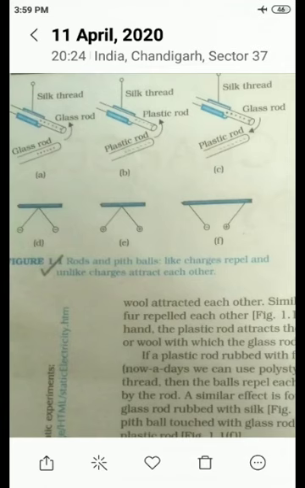By convention, the kind of electrification acquired by the glass rod after rubbing with silk is positive, and that acquired by the plastic rod after rubbing with wool is negative.